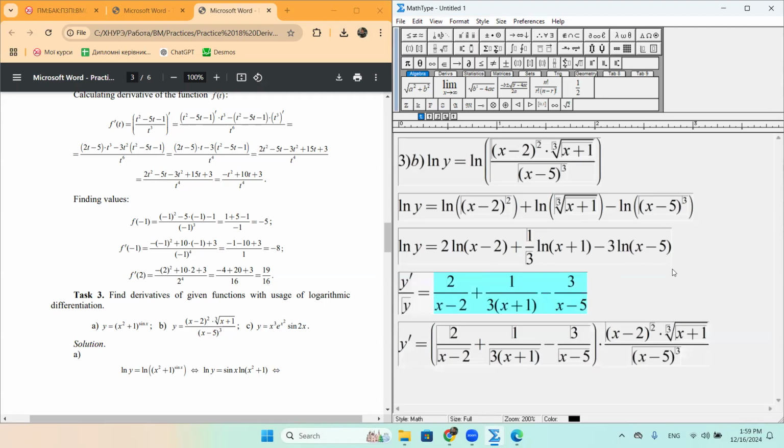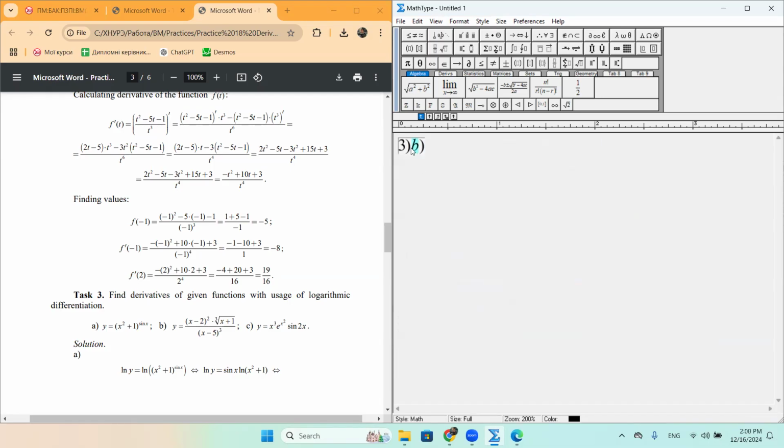Just differentiate like a polynomial, but a logarithmic polynomial. I guess you agree with it. Any questions about this task? No questions. Okay, no questions.